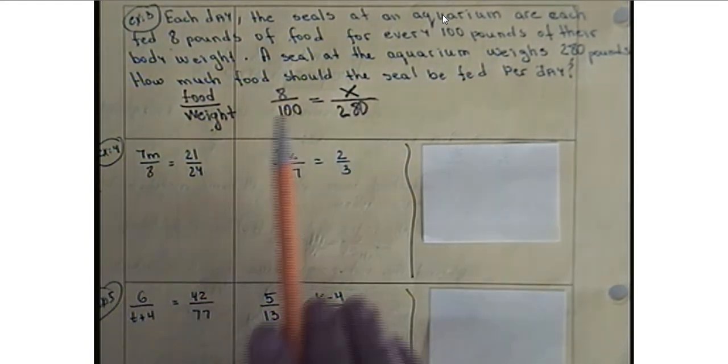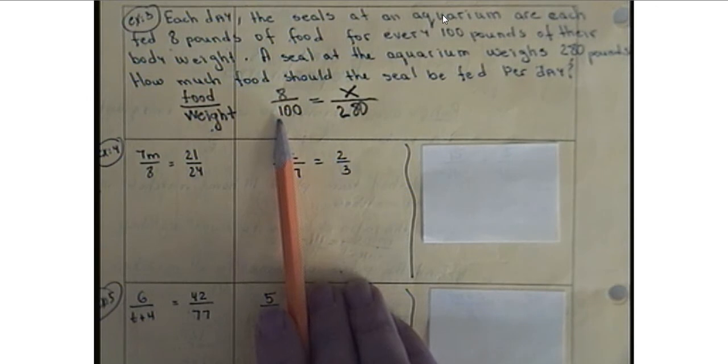And we want to know how much food we need. So that is my missing number. I want to know if the seal weighed 280 pounds, how much food it's going to need, because a 100 pound seal needs 8 pounds of food.